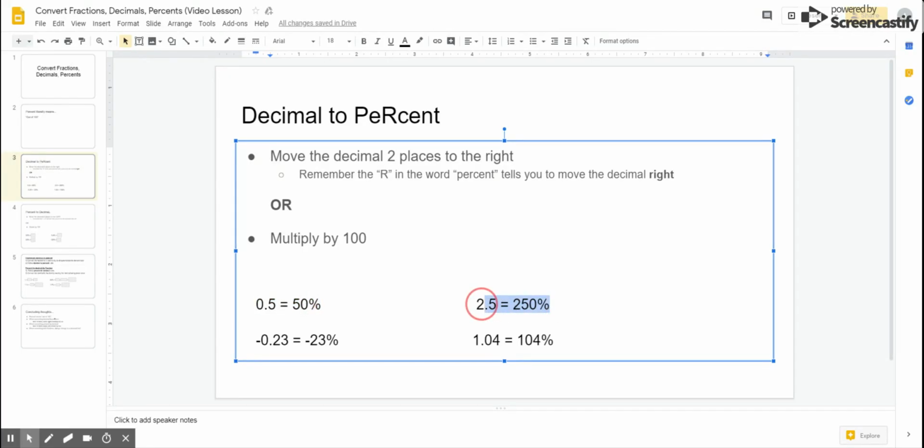So this makes sense that it's now 250%. 2.5 is 2 wholes and a half, or 250%. And in the last one, we had 1.04, that's 100%. The one whole represents 100%, and the 0.04 is only 4%, so 104%.